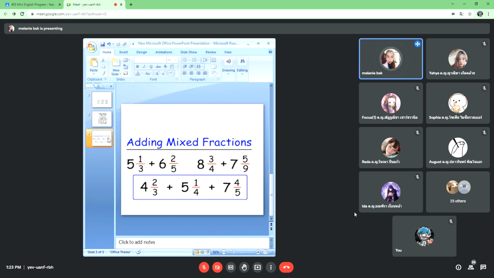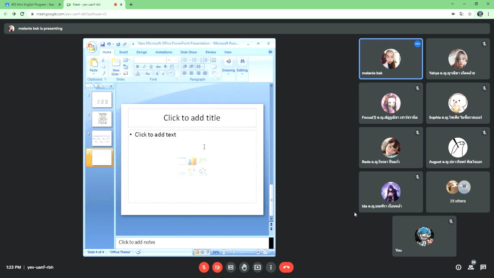Okay. So we're going to have an activity, if you really understand. You tell me if it is a proper fraction or an improper fraction. So let me see. 5/7, proper. Okay, so I'm just going to write. You tell me if it is improper or proper.